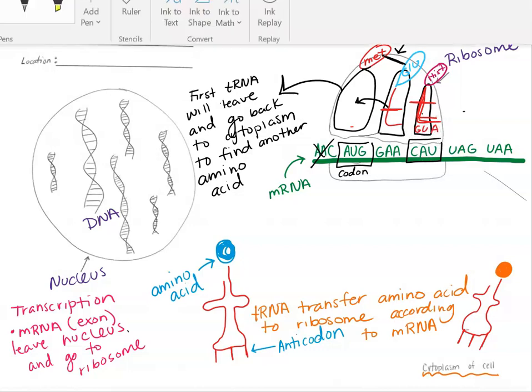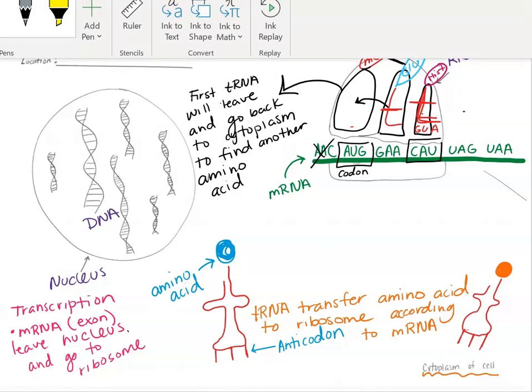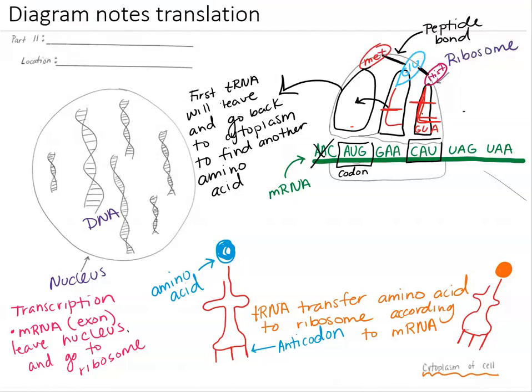And then again, our ribosome is going to link the amino acids together. Now this tRNA is going to leave, because remember it shifted over, so now it's going to leave. And then this tRNA is going to shift over. And you'll see this better in the Amoeba Sisters video you're going to watch for homework.